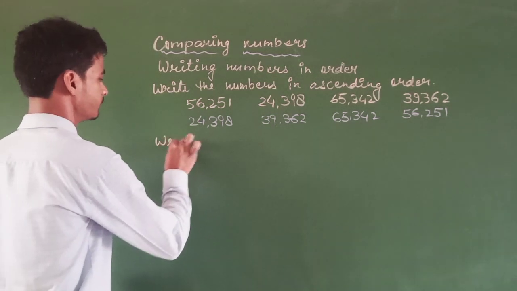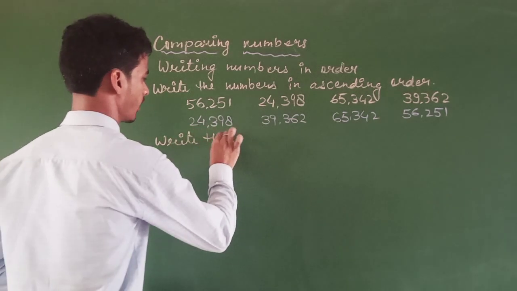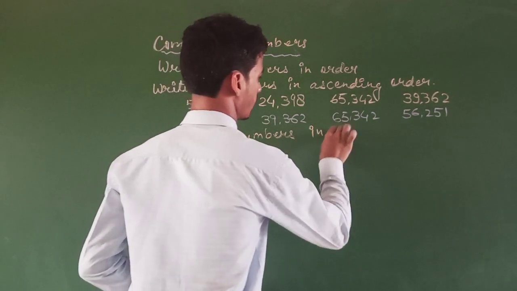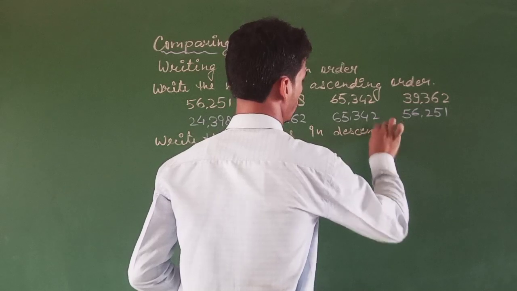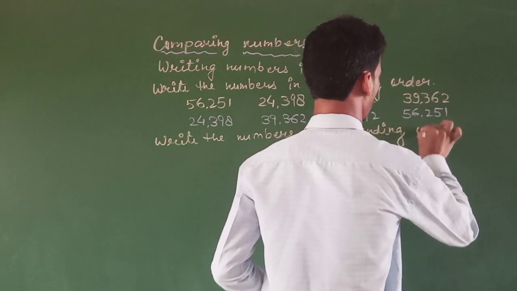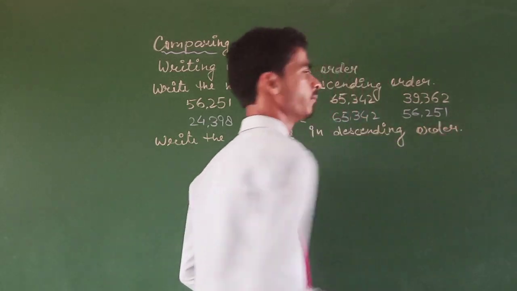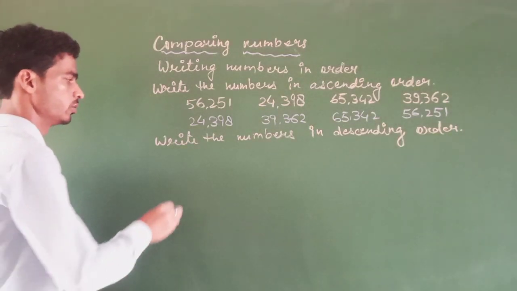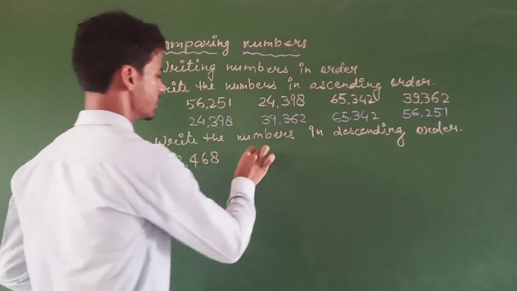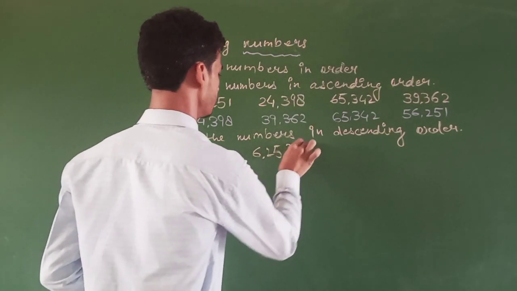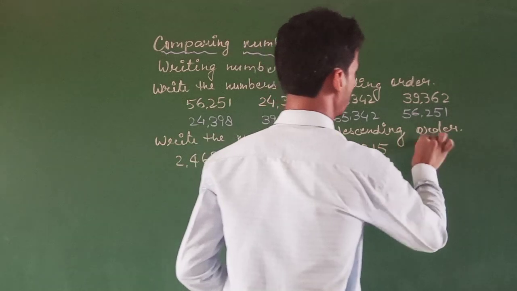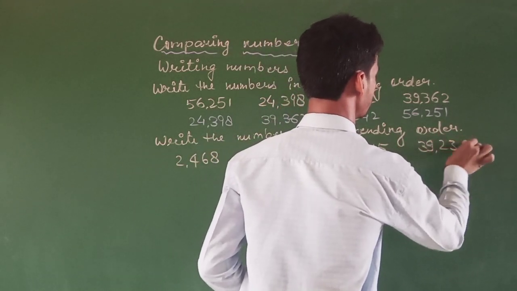Now the next example is write the numbers in descending order. You know that descending order means order of numbers from greatest to smallest. So we have to arrange the numbers from greatest to smallest. The numbers are 2,468, 6,25,390, 46,250, and 39,239.